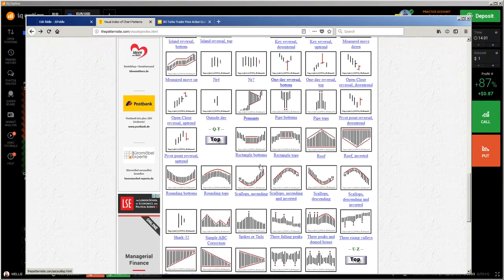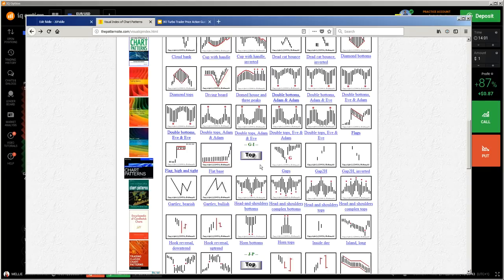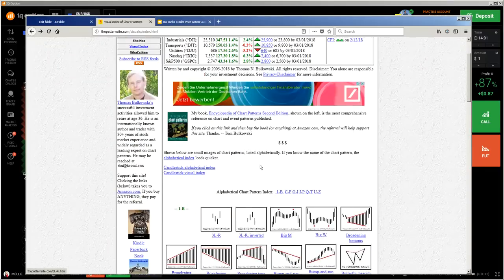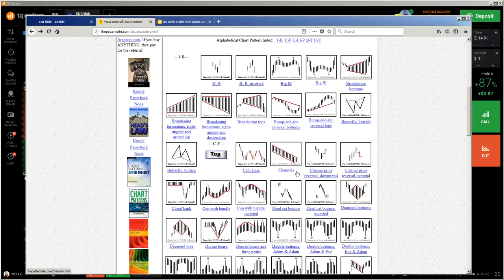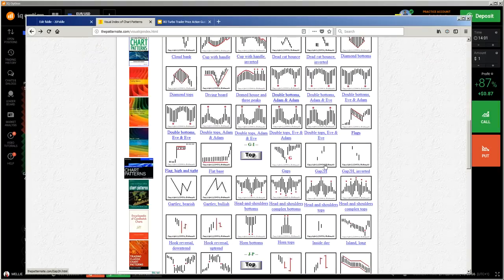So you can handle it on your own. Go through this if you have nothing better to do, but I will not explain any more of those things. Only the rectangle. And you may also want to look at the gaps here, gap 2H, gap 2H inverted.